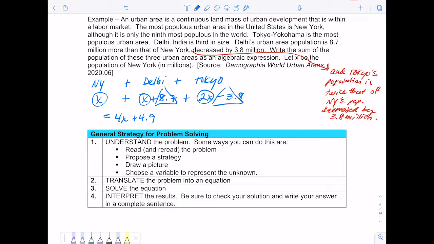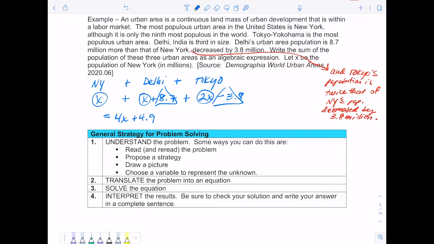Underneath, I have a strategy. It's a general strategy. It's not a one-size-fits-all for every problem, but it's definitely something to keep in mind as you are working through these problems. So the very first thing you would want to do is understand the problem, okay? And we do that by reading the problem, and it's okay to reread it again, or even a third time, until you understand what's going on.